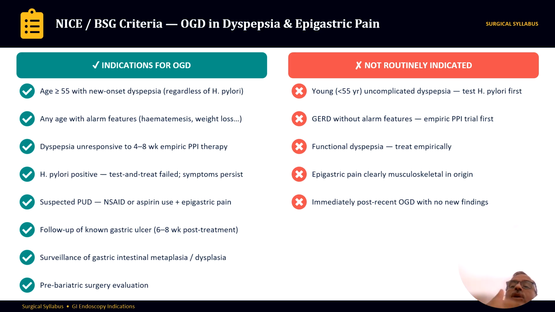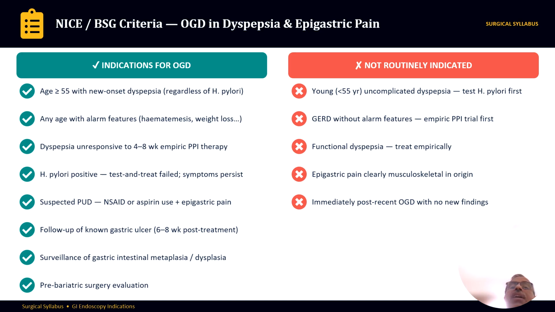Without doing OGDS, you can test H. pylori by a stool antigen test or a urea breath test, and then give anti-H. pylori treatment. So in such cases, you don't require OGDS as a routine.